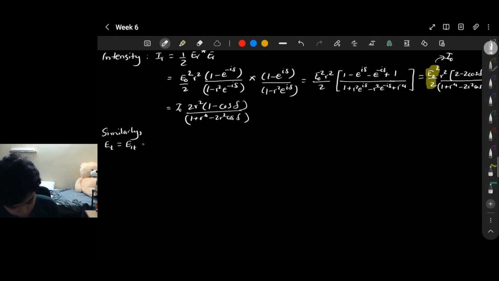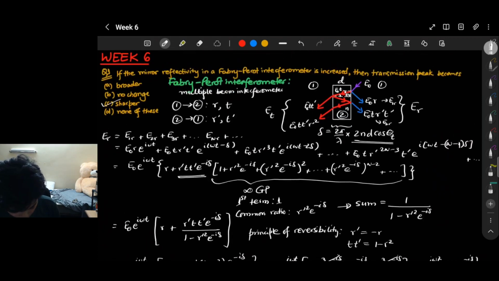Following the similar procedure, infinitely many transmitted beams. Just to clarify once again, this beam right here gives me E1t, this beam right here gives me E2t, and successive beams would be E3t, E4t, and so on.